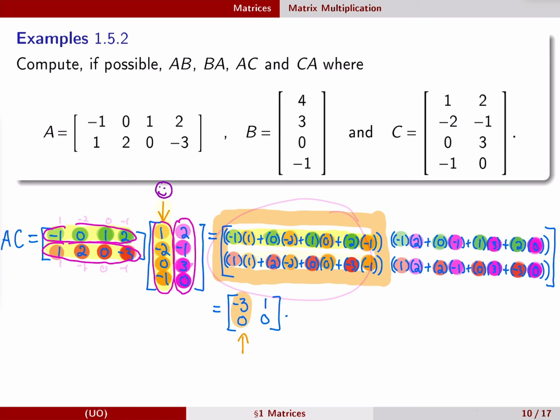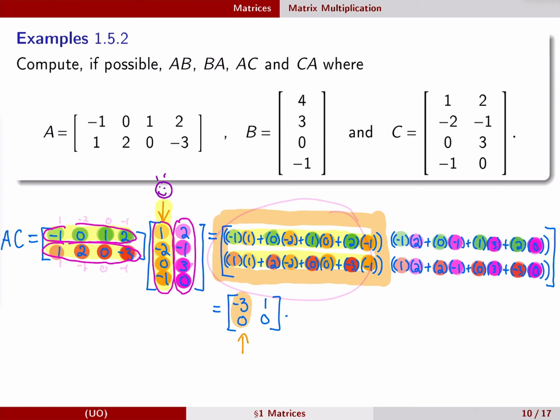So that's the result of taking the first column of the matrix C on the first row of A. And then that same column falls now on the second row.